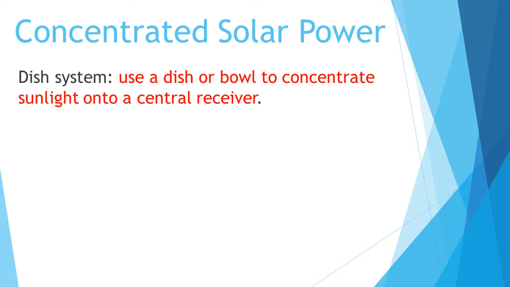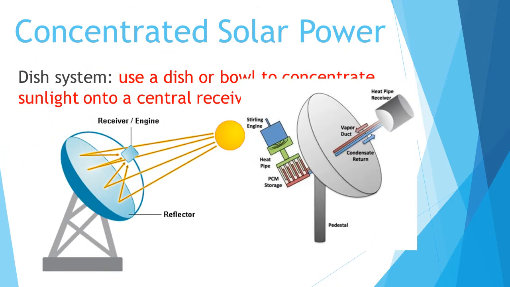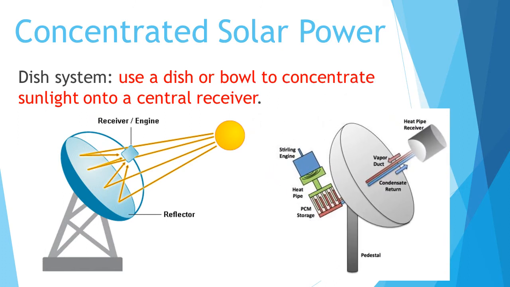The last one is a dish system, and a dish system uses a dish or a bowl to concentrate sunlight onto a central receiver. So it looks something like this. All right. We've got the bowl there. We've got a receiver that is set out a little bit in front of it.